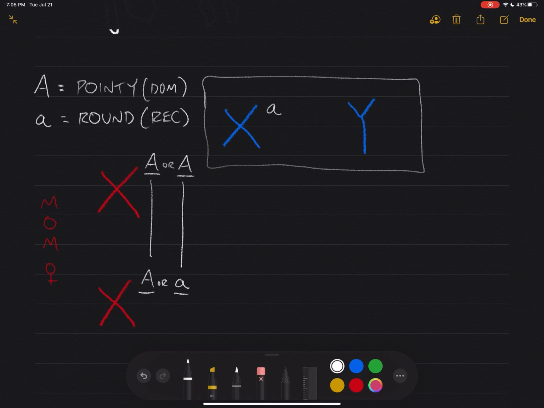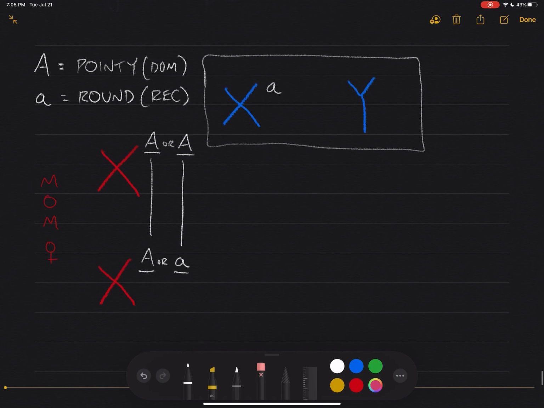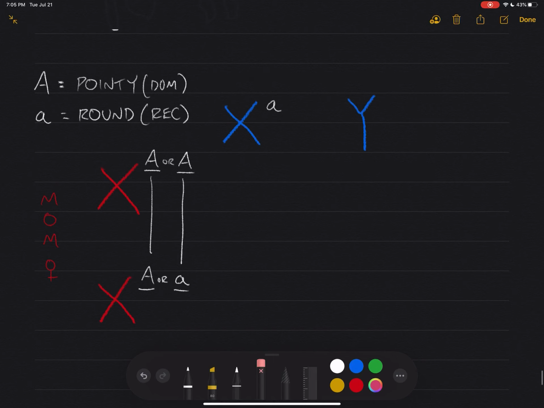But anyway, we know that she has a recessive X, okay? So we're going to erase this. We know that she is heterozygous because her dad did not have pointy ears. All right, so we're doing good.